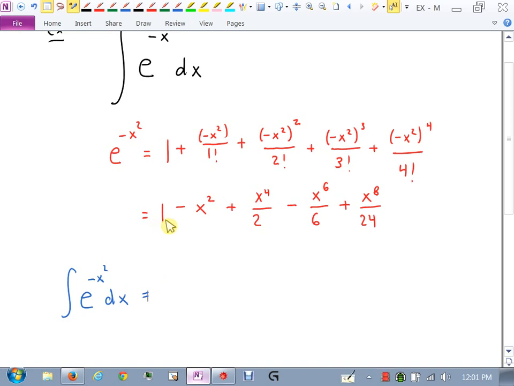Well, the antiderivative of 1 would be x, then minus 1/3 x cubed, then plus 1/5 would come out, so 1/10 x to the 5th, and then 7 would come out, 1/42 x to the 7th, and so on, right? Plus some constant of integration. So this antiderivative is an approximation to this, but I can, again, get it as close as I would reasonably ever need it to be.